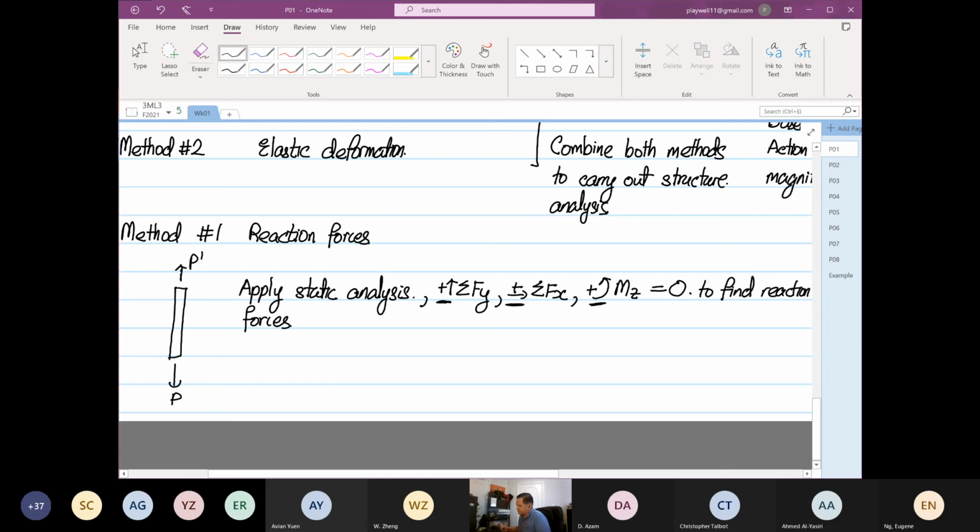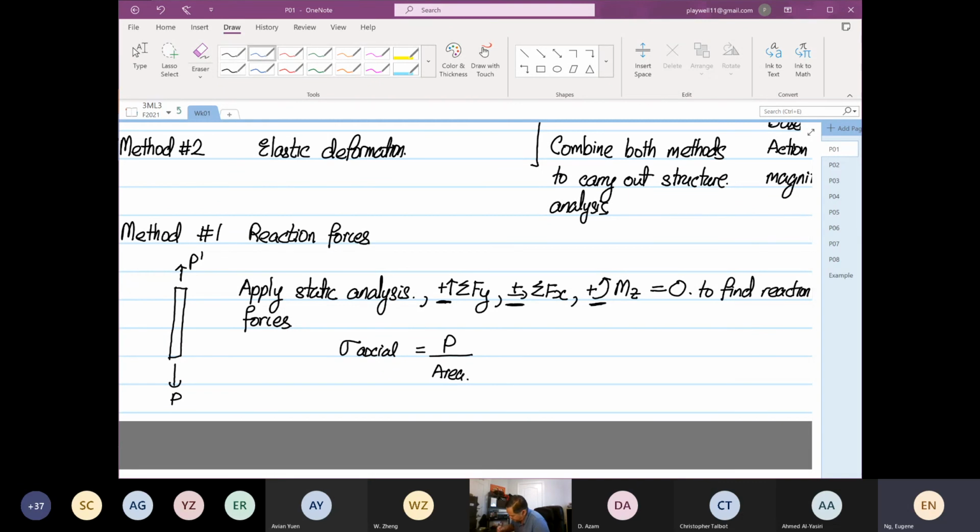Okay, so after that you apply stress. You apply stress in the axial direction, which is equal to force P divided by area, right?